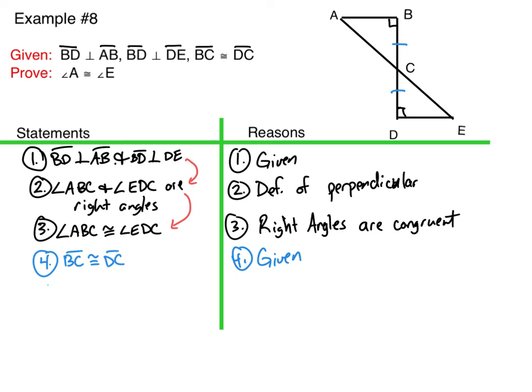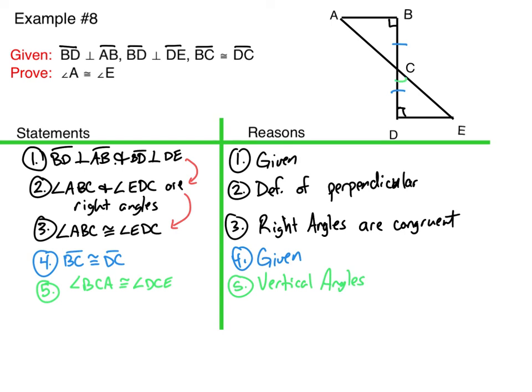My next thing, I can look at my picture and I can say, well, I know for a fact that angle BCA is congruent to angle DCE, and reasoning there is that they are vertical angles, and vertical angles are congruent.